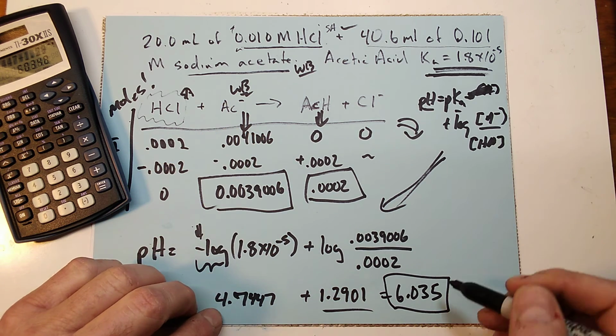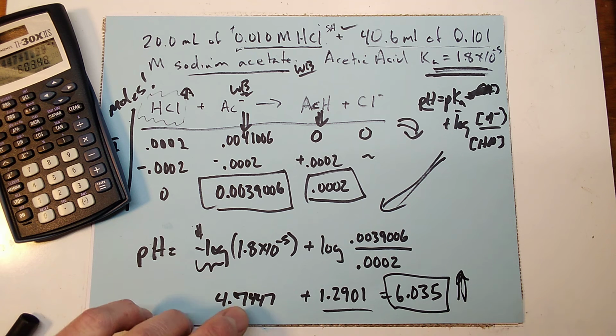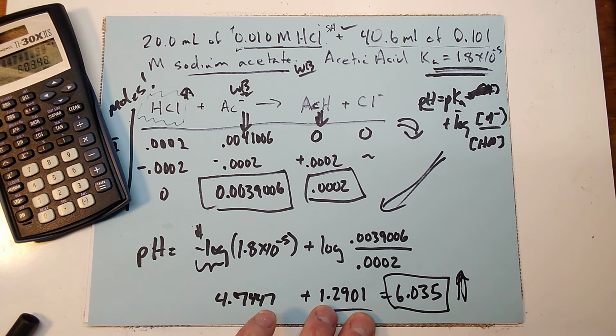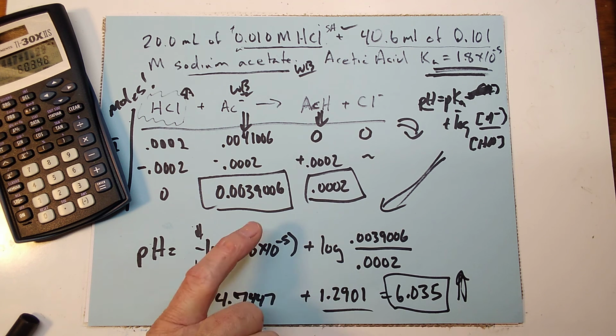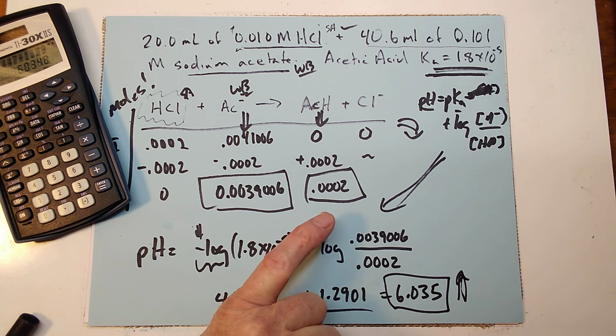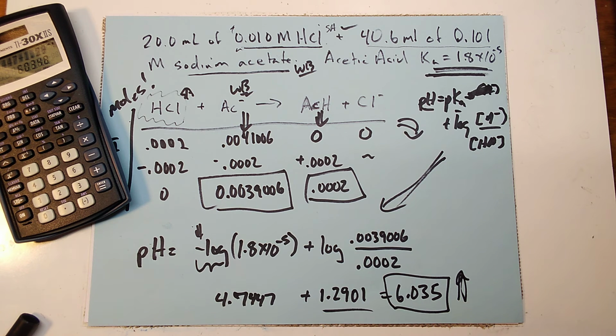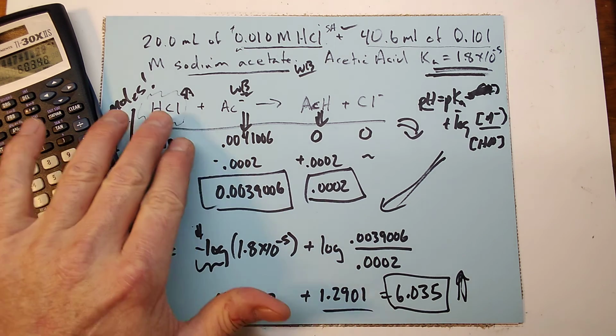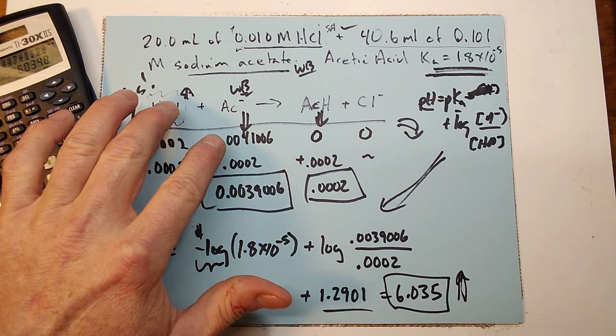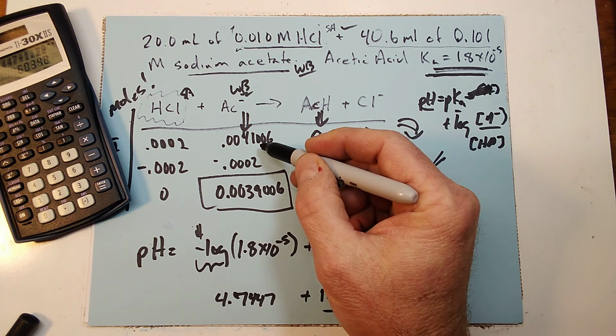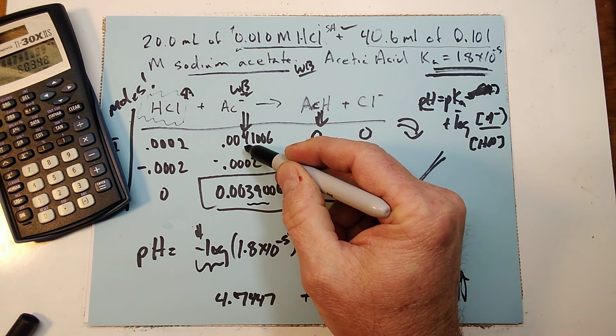So it's going to cause the pH to be higher, because the pKa is 4.74, we add 1.29, and there's still a significant amount of base, much more than the acid. We should have a higher pH than just the pKa. So this is making sense. It fits the picture where HCl has reacted with some of this, but not all. We still have quite a bit.